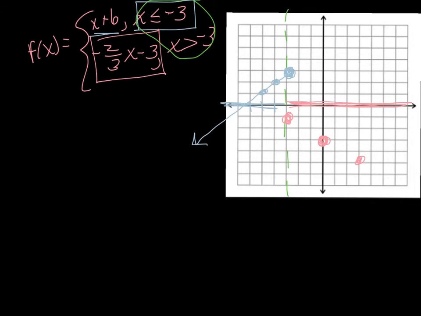So that's on this side of the dotted line. I'm going to make sure that I have an open circle as well on my dotted line because I want x values that are greater than only -3. Draw my line, and that's my piecewise function.